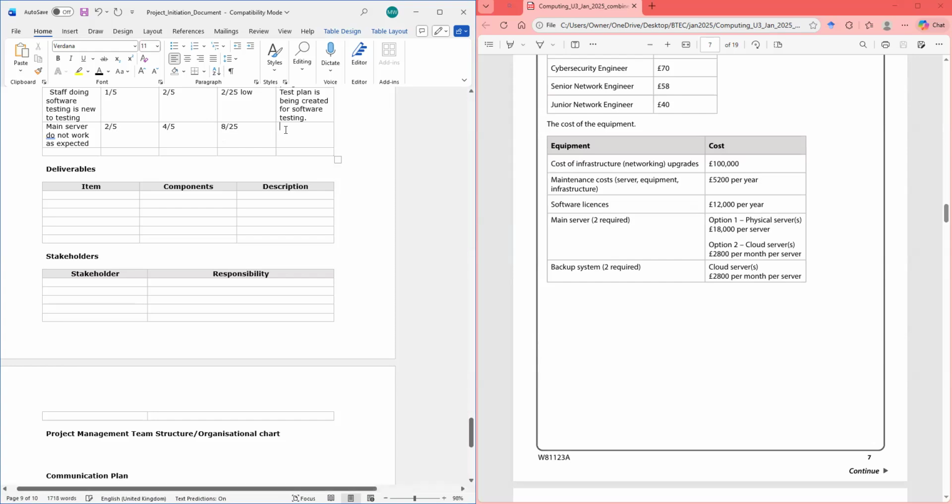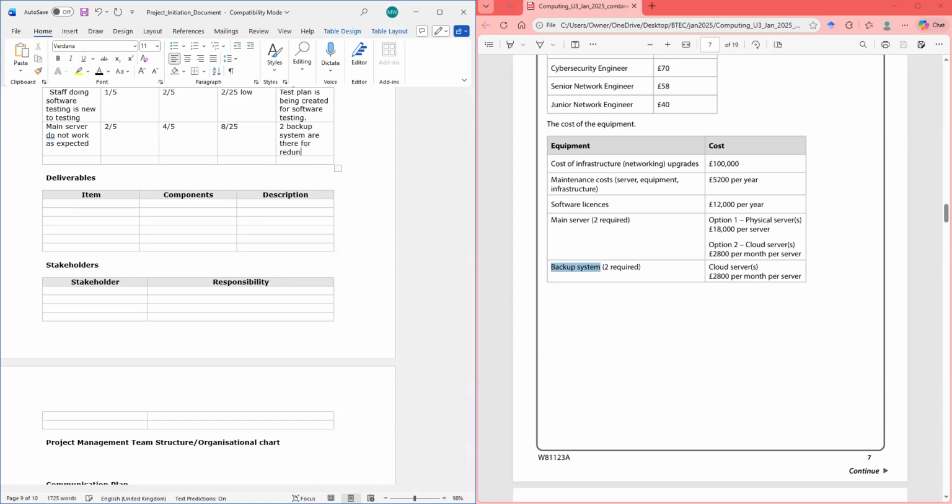All right. And what do we have here? We have backup systems. All right. So a contingency plan would be two backup systems are there for redundancy.